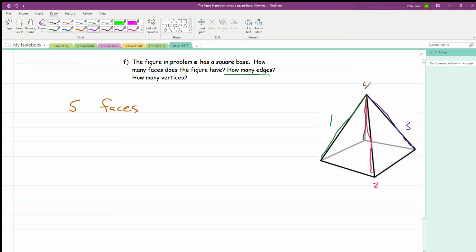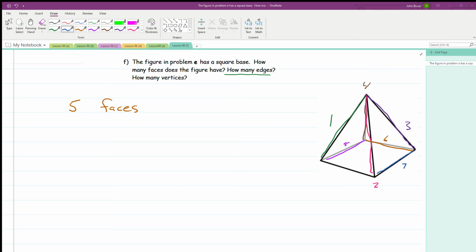Then we have this one down here, that's 5, and then one back here, that's 6, and then there's one right there, that's 7.